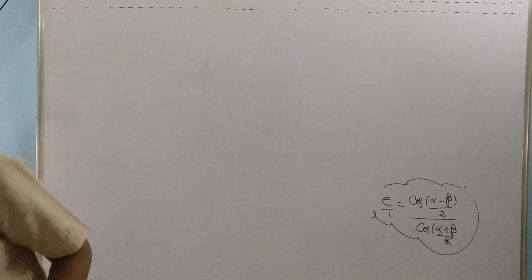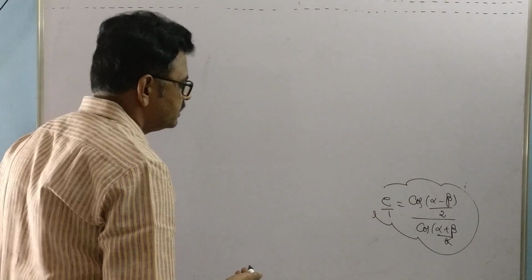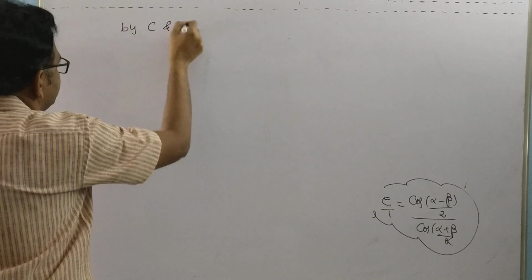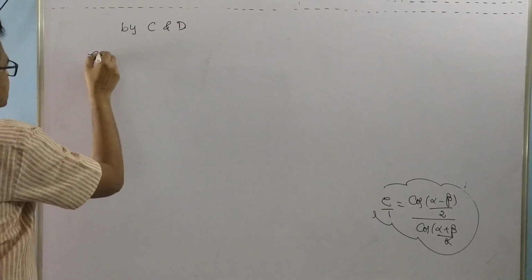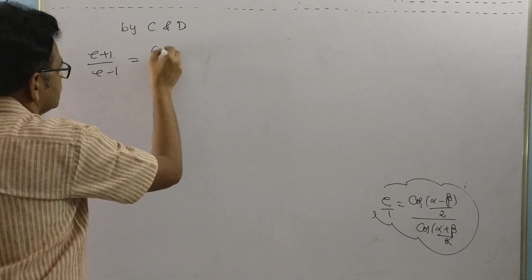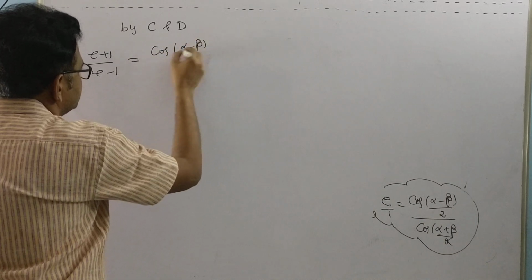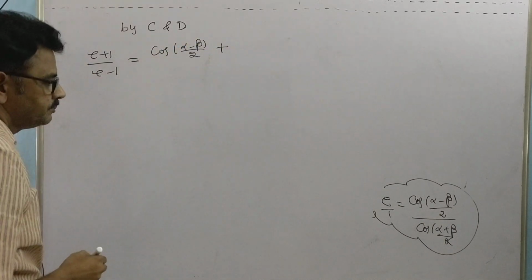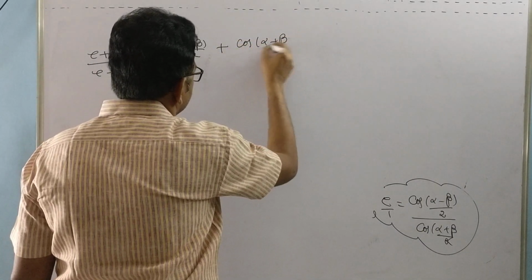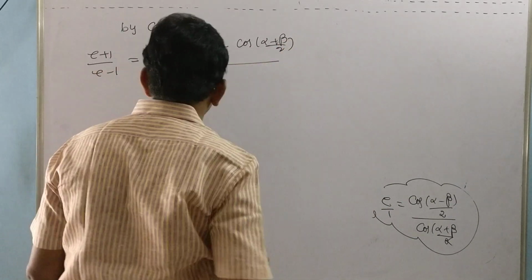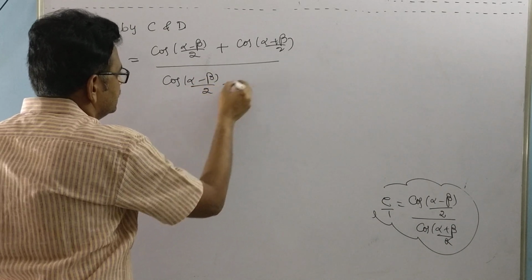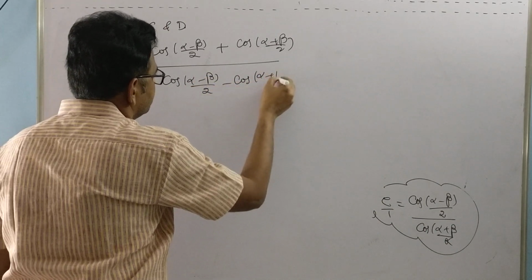Now, E is equal to, by applying componendo and dividendo, E plus 1 by E minus 1 is equal to cos of (alpha minus beta) by 2 plus cos of (alpha plus beta) by 2, divided by cos of (alpha minus beta) by 2 minus cos of (alpha plus beta) by 2.